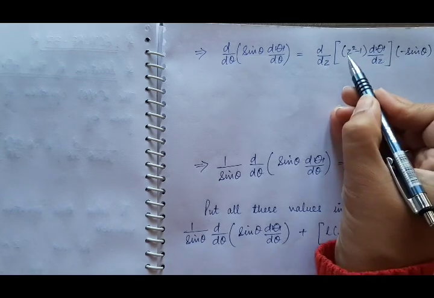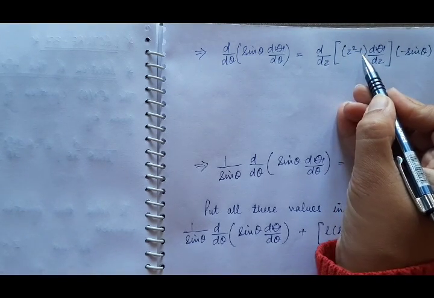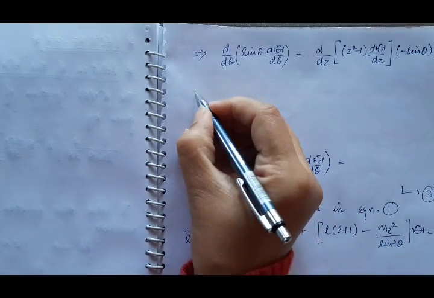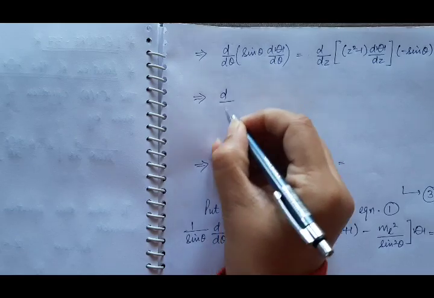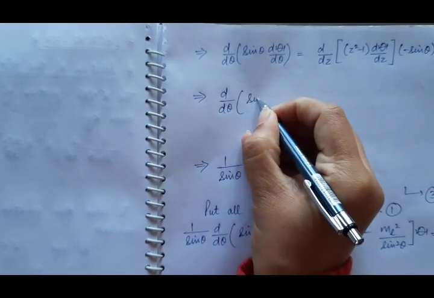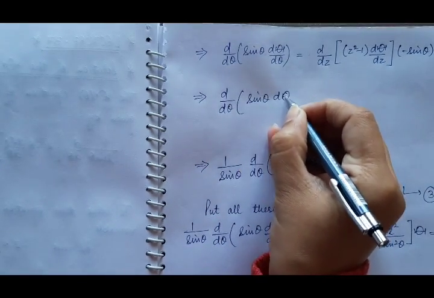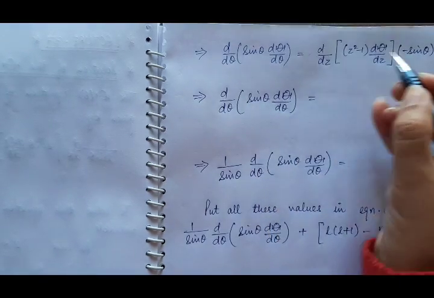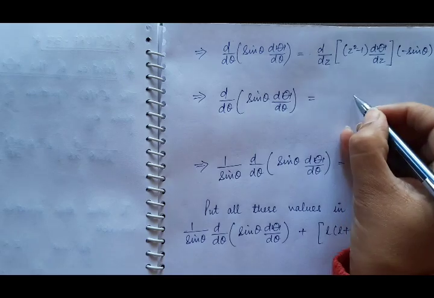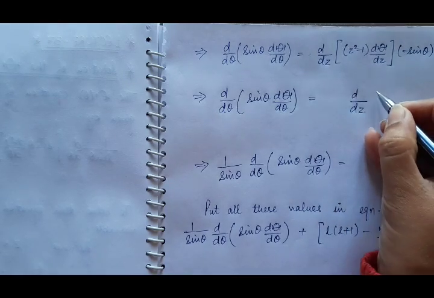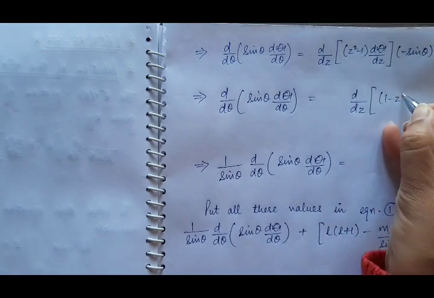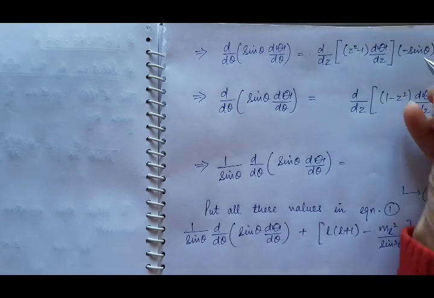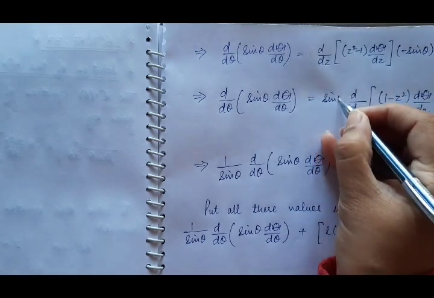Multiply this minus inside the bracket and keep this sin theta here, and you will get d by d theta of sin theta d theta by d theta equal to d by dz of 1 minus z square into d theta by dz, and write this sin theta here.